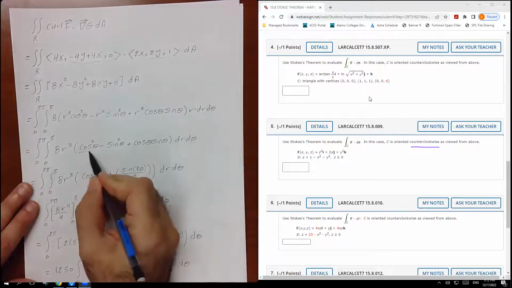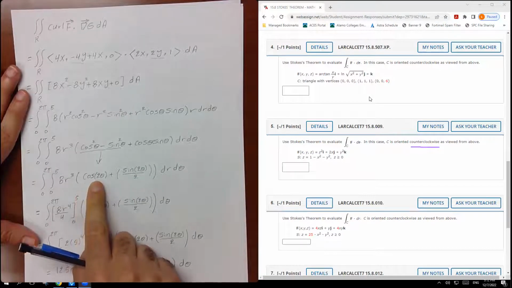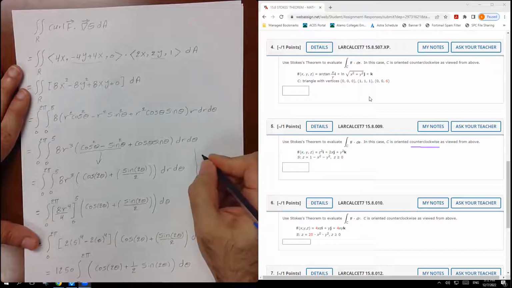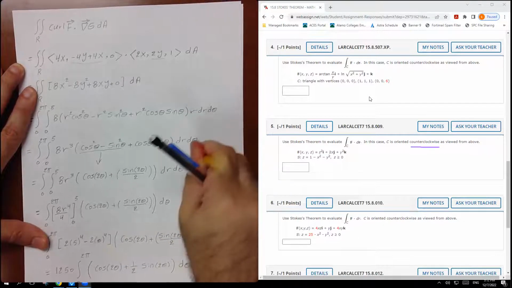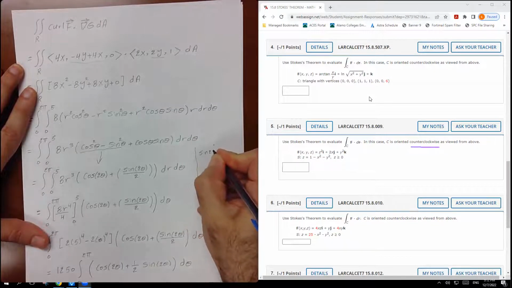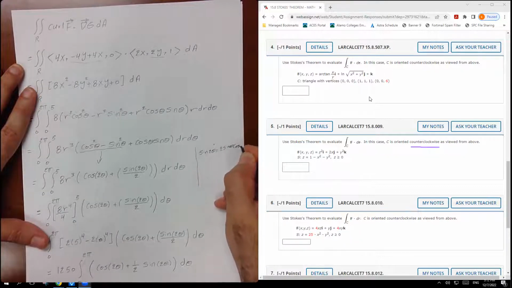Now everything here is cosine 2 theta. For this one, we already know cosine, so I'm going to work with the sine. Sine 2 theta is equal to 2 sine theta cosine theta.